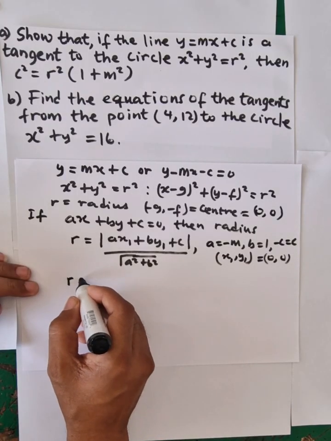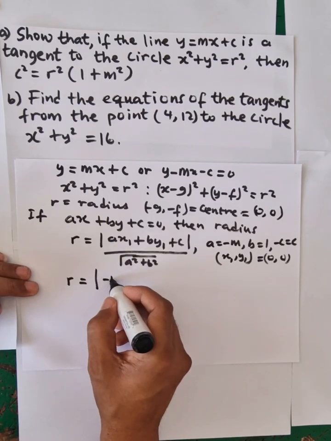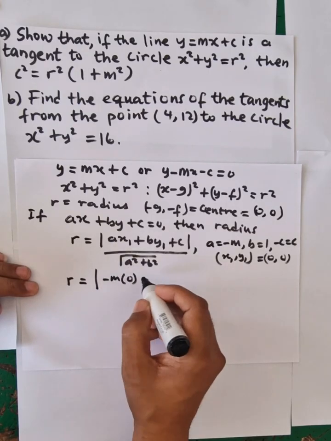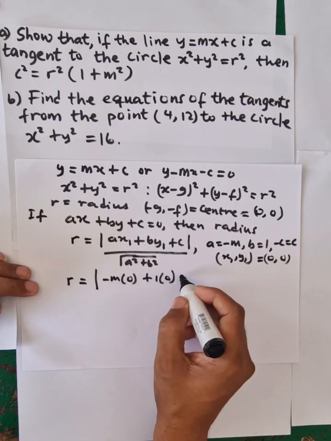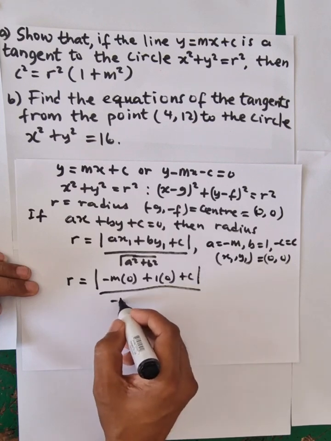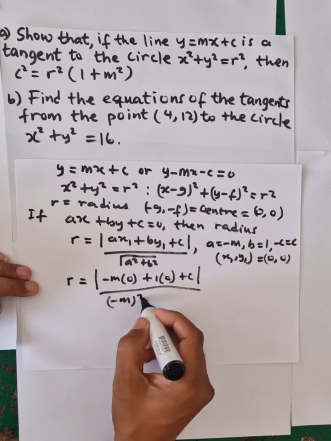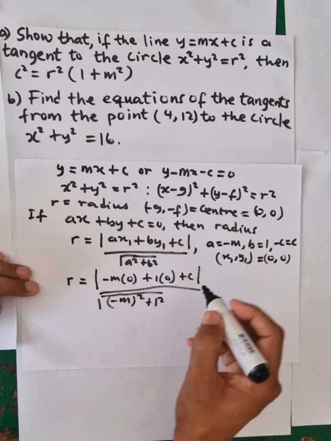We have r is equal to modulus, of course our a is negative m into 0 plus 1 into 0 again, plus c all over root of negative m all squared plus 1 squared.